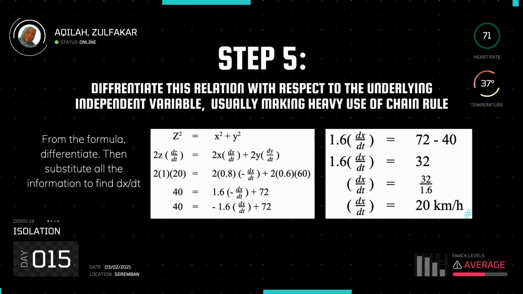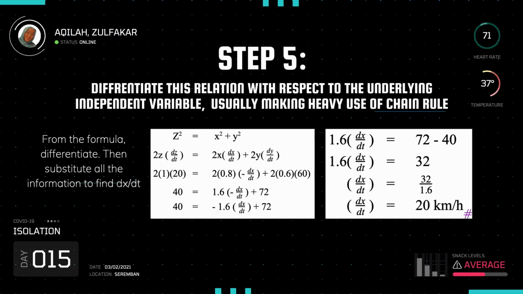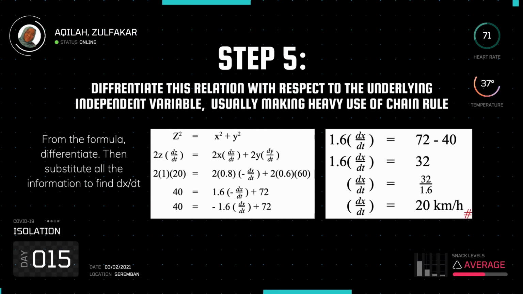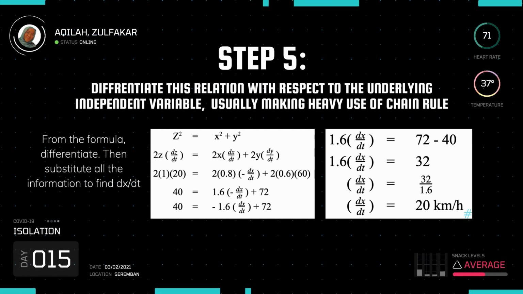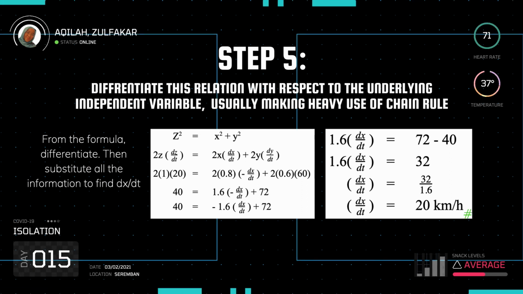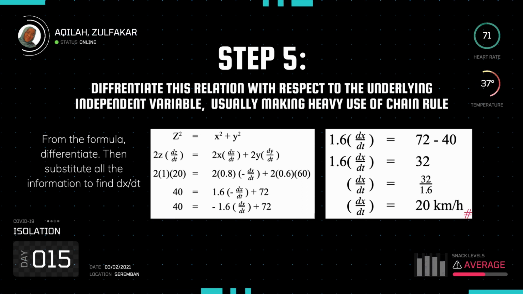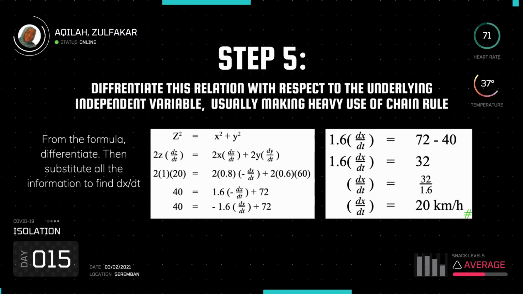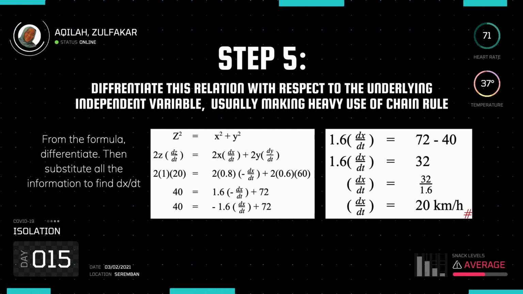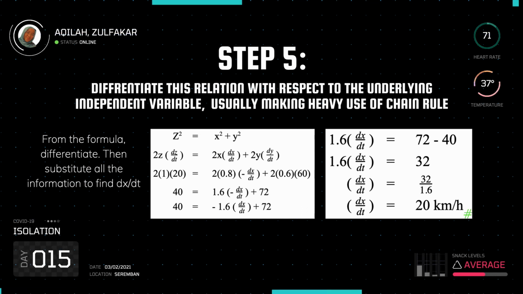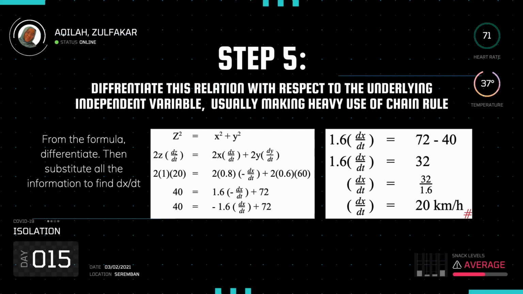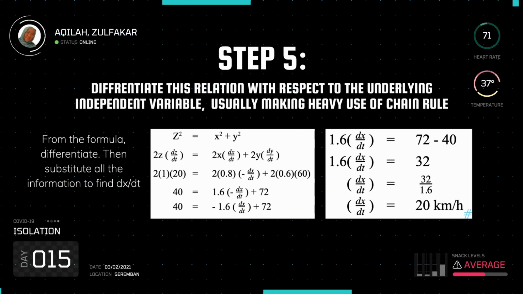Substitute: z is 1, dz/dt is 20. So 2 times 1 times 20, then 2x dx/dt, where x is 0.8 and dx/dt is what we have to find but made negative, plus 2y dy/dt, which is 2 times 0.6 times 60. When you solve it, you will get dx/dt equal to 20 km per hour.